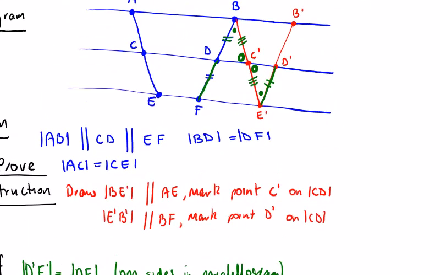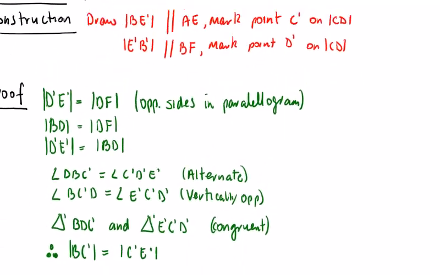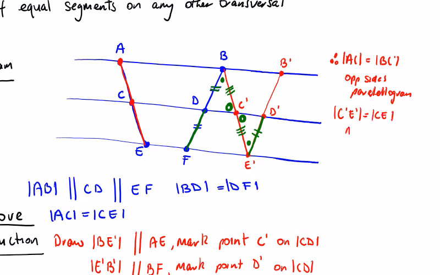So we jump back up and finish it off. We said that BC prime is equal to C prime E prime. We also know we've drawn that line parallel to this line. So therefore AC is equal to BC prime, opposite sides of a parallelogram, and C prime E prime is equal to CE, as above.